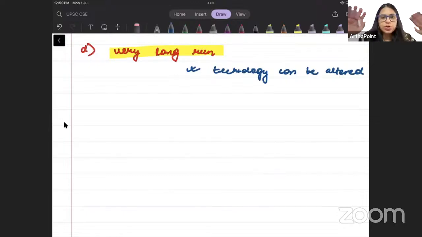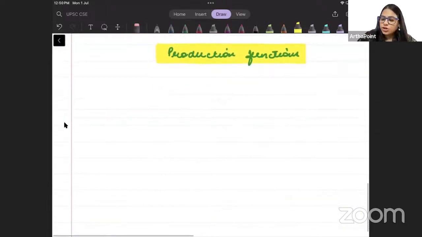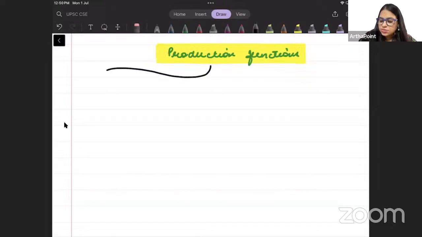We understood what is a production function. But today I want to distinguish between different kinds of production functions. So we can divide the production functions in many parts.